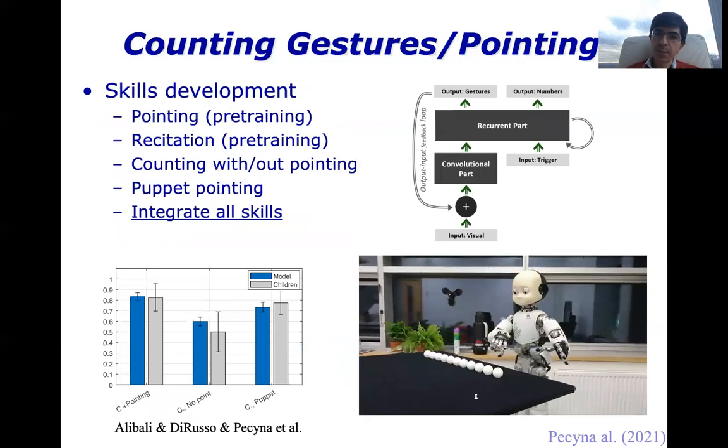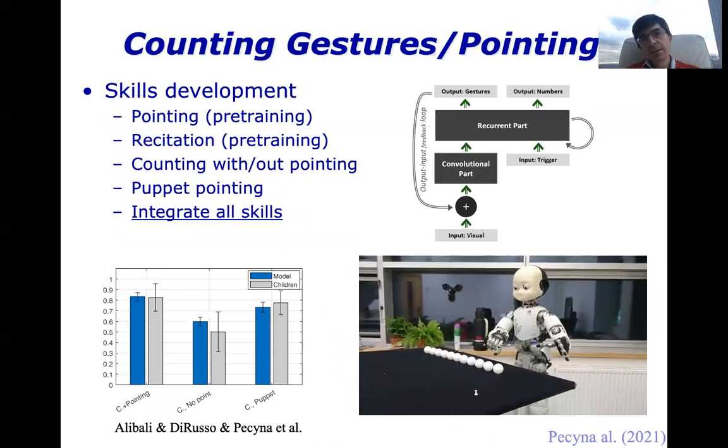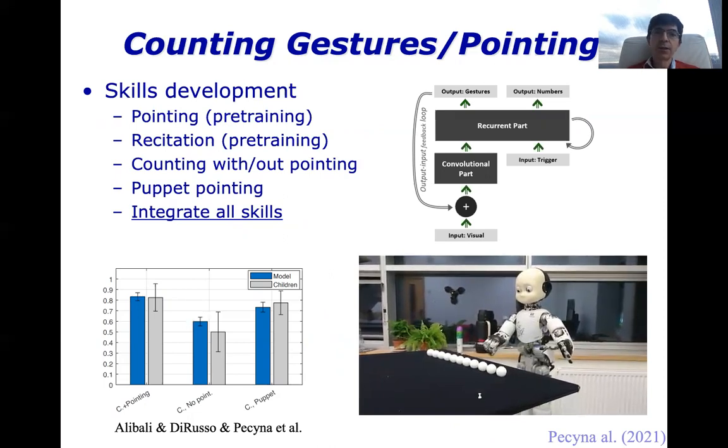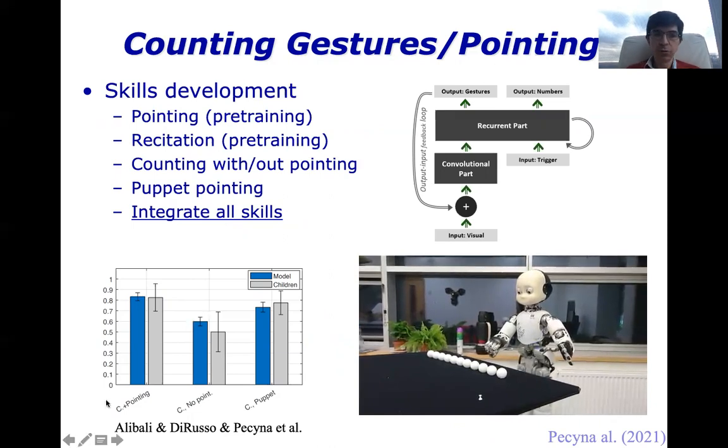Very recently, this is a paper being published this year, my student Leszek Pecina, in collaboration again with Alessandro, did a study where we replicated three conditions in Alibali and Di Russo child psychology studies. You see how children can learn, and in our case, the iCub robot, by pointing, by no pointing, worse performance, pointing, better performance.